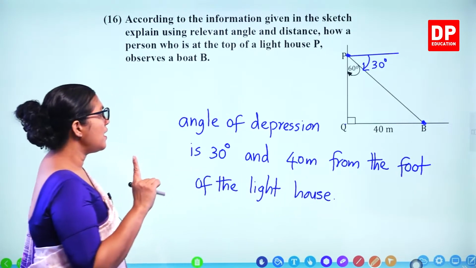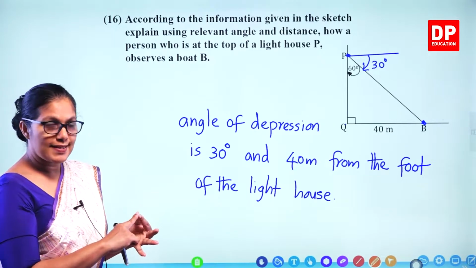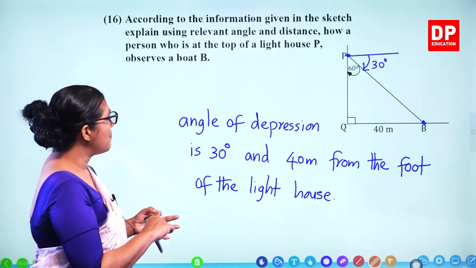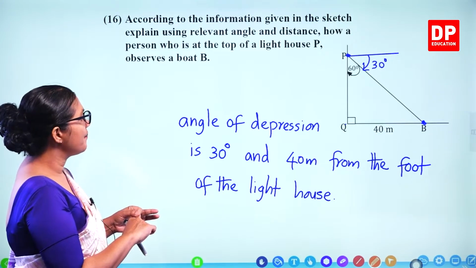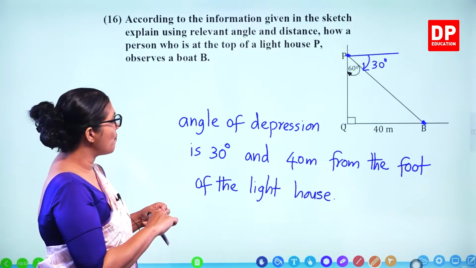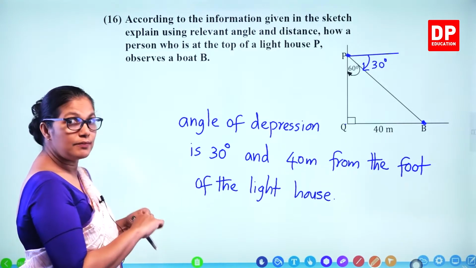So you have to give the distance as well as the angle. So angle of depression is 30 degrees and 40 meters from the foot of the lighthouse.